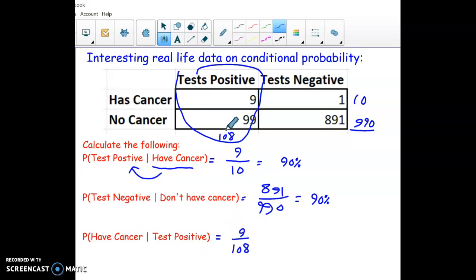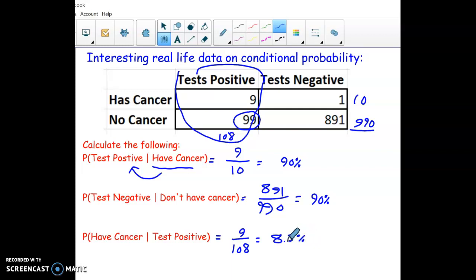Even though the test is 90% accurate, there's so many people that don't have cancer that you're more likely to be one of these, what would be a false positive test where you don't actually have cancer. So, anyways, the chances that you have cancer here is only 9 out of 108, which is 8.3%.